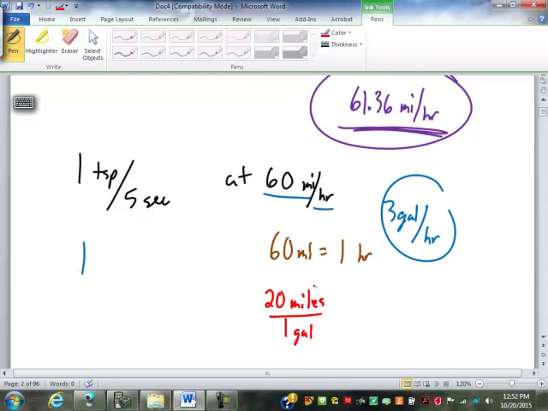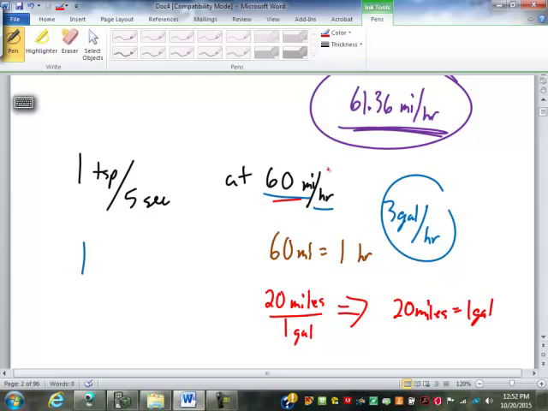So how do we convert this miles per hour into gallons per hour? Well, this also could be thought of as being 20 miles equals 1 gallon. Any of these rates can be used as a conversion factor.